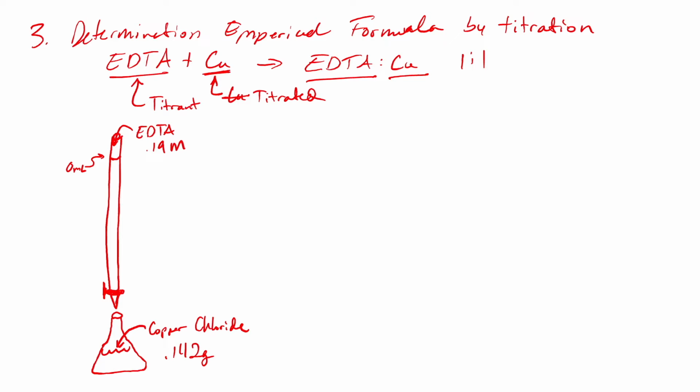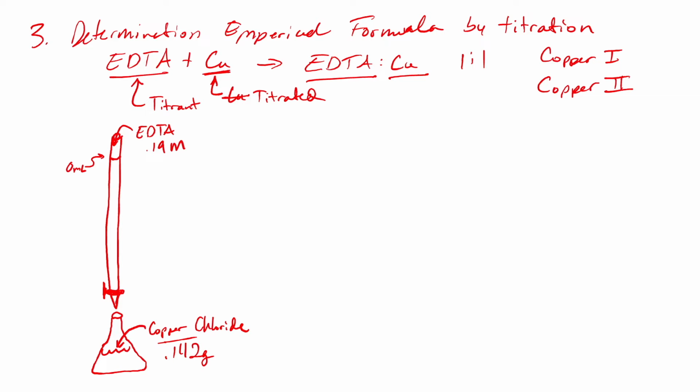And so one of the reasons why we do this kind of experiment is because sometimes we're not sure what type of copper is actually combined with the chloride, because there's actually 2 types of copper. There's copper 1, and there's also copper 2.